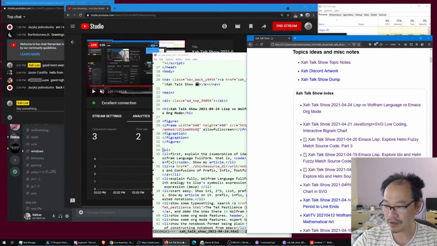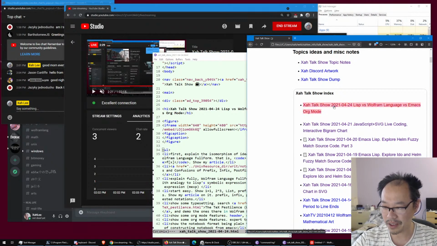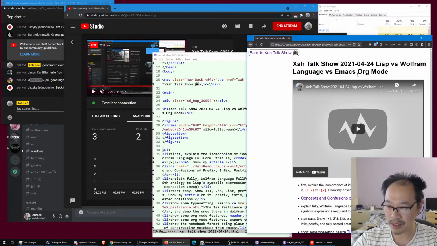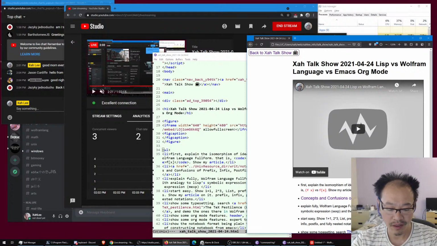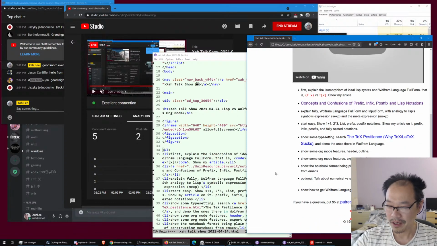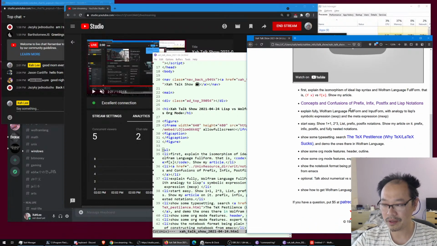Let's start to talk about this serious topic: Lisp versus Wolfram Language versus Emacs org. I'm going to show you the isomorphism between Lisp syntax and Mathematica syntax, and also the Lisp symbolic form and meta form. If you are a Lisp coder, you'll know what I'm talking about. I'm going to explain the concepts of prefix, infix, postfix notations, and do some demo of typesetting in Mathematica.